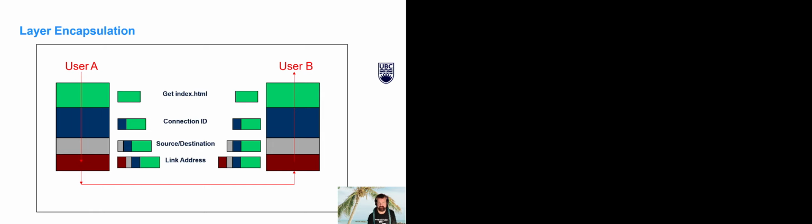Each layer builds messages that are a composition of pieces from the layer below. The interesting thing about this picture is that it implies there are only headers, but I will actually note that it is very frequent that there are both headers and trailers, or footers, if you want to call them that. And it doesn't make any difference.